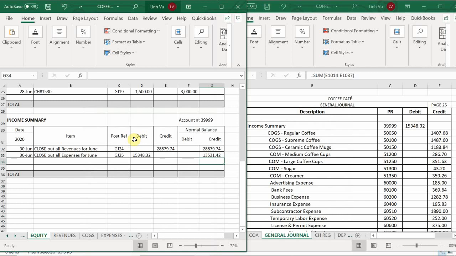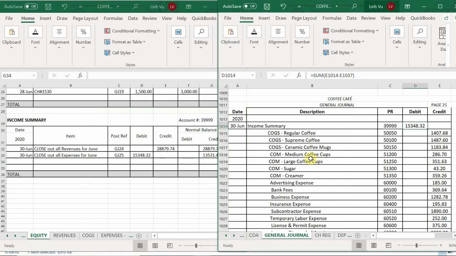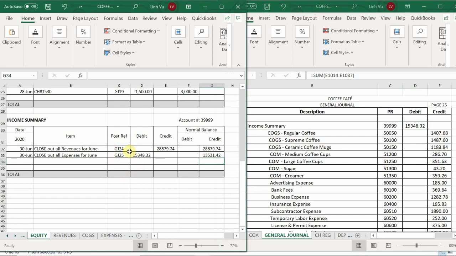Okay. Well, so now that we finally zeroed out our revenues and we zeroed out our expenses, right? So now we need to zero out our income summary to our equity. So in this case, what is my current account balance in my income summary?